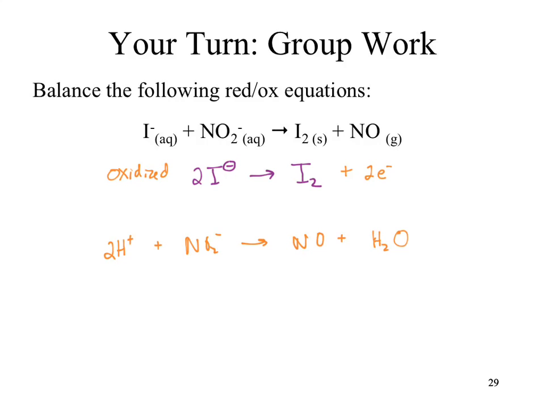Okay, now what? Now we can balance our charge. What's the charge on the reactant side? Charge on the product side. How do we make them equal to each other? We need to add an electron where? On our reactant side. Now our charge balances out. So now what do we do?